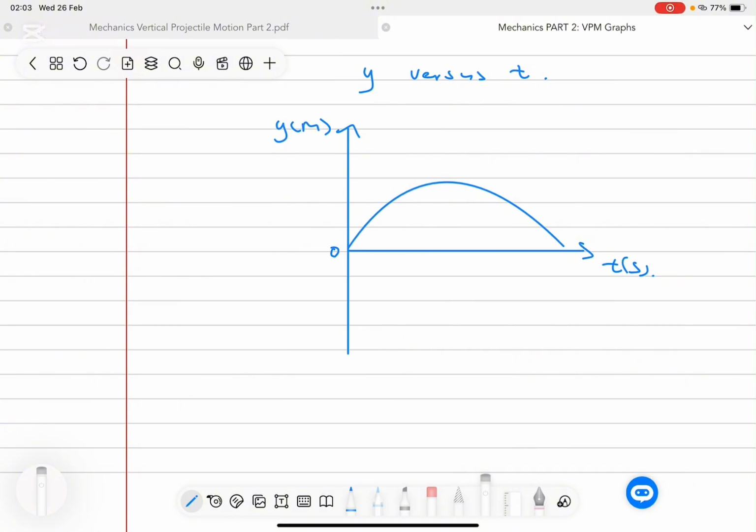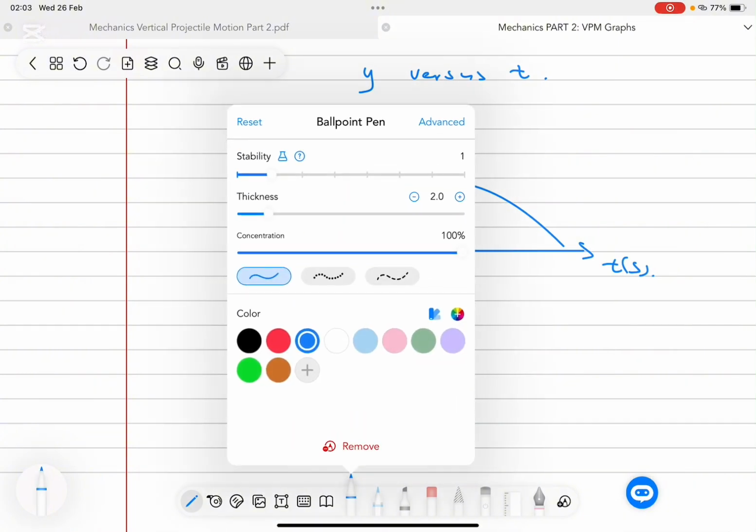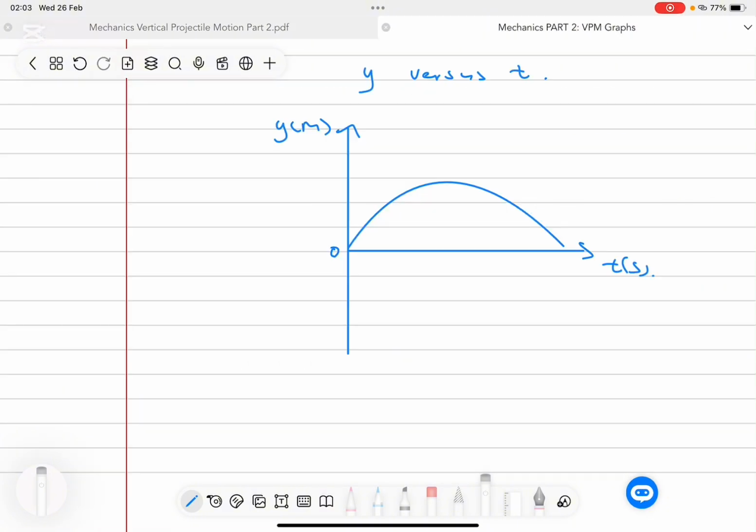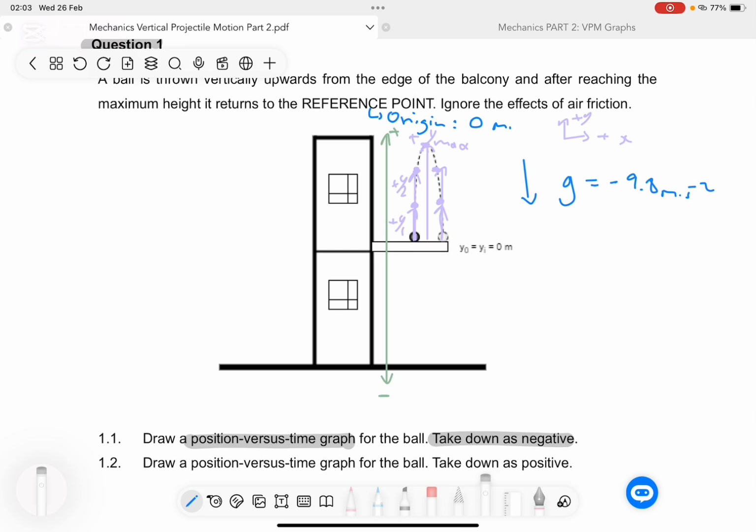When we want to interpret this graph to make sense out of it, we notice a couple of things. It should match the motion that we described here. Now, when the time is 0, the position is also 0. We get a point 0, 0 here. And that makes sense because this is when the time is 0, where we start throwing the projectile.